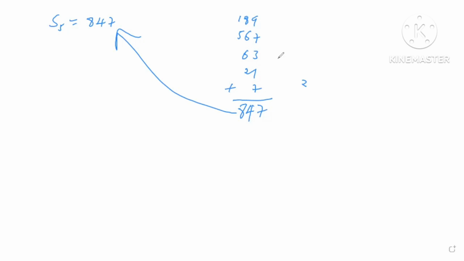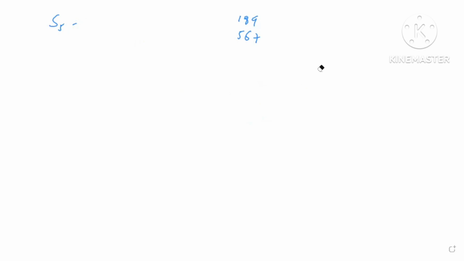Okay. So mostly about the GP, this is what you do for the GP. If they ask you for the sum to infinity of a GP, use the other formula, which is given by S to infinity equals a over 1 minus r, where a is the first term, then r is the common ratio.